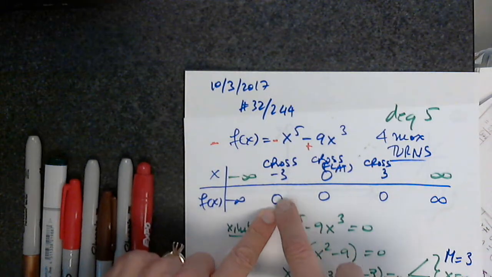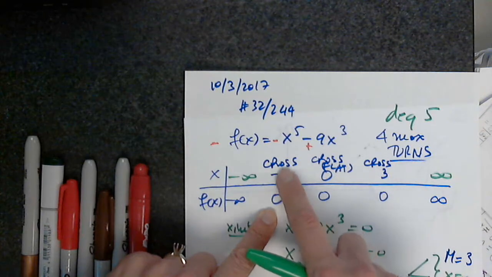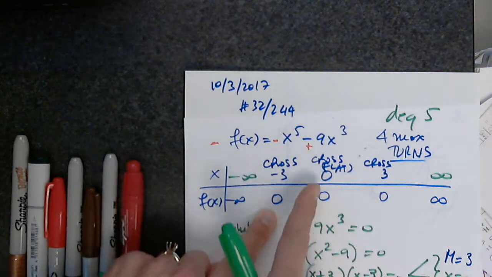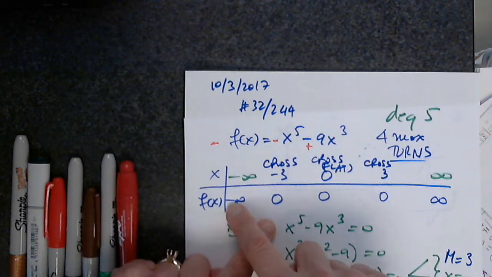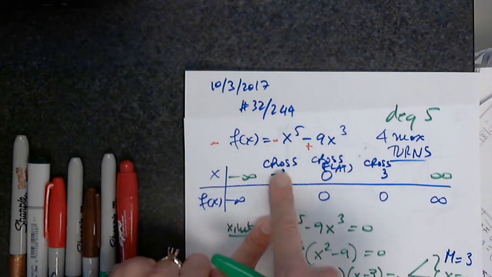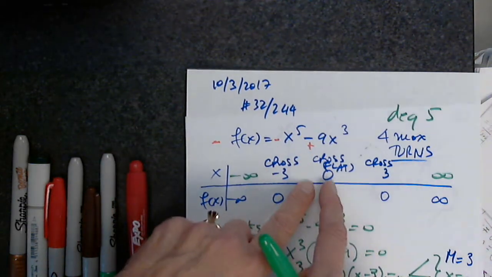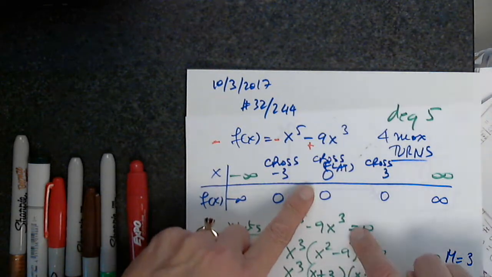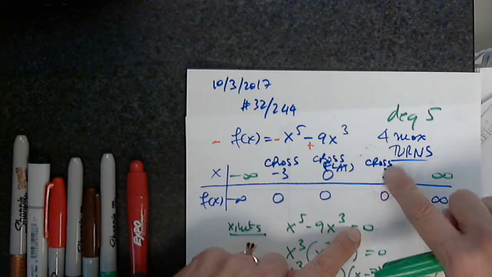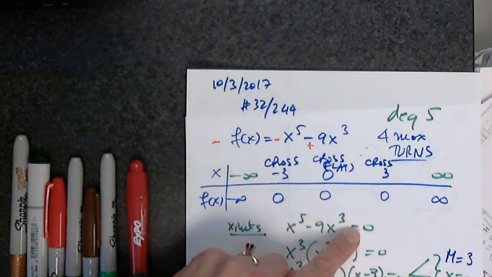It has a cross, very simple cross at -3, 0. It must turn because it comes back and crosses again, slowly, but it has to come. So from -infinity, it crosses at -3, 0. It goes up, but it has to turn because it has to come back and cross again. And it comes down to something and it has to turn because it's coming here at 3, 0, going up to infinity, cross flat, cross normal.